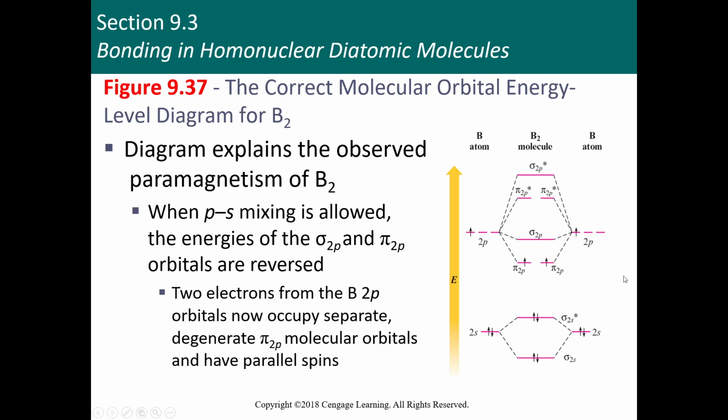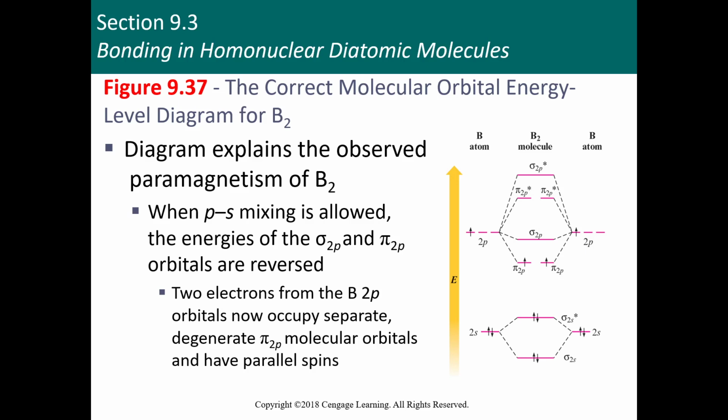What we really need to look at is what the p orbitals are doing. And the other thing that is important is whether the p orbitals actually mix with the s orbitals. Now, you don't see the ps mixing in this notation. What ps mixing means is that when the p and s orbitals in the atoms are close enough in energy, they can actually mix.